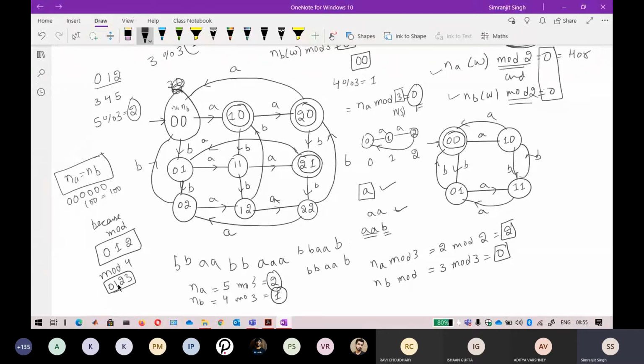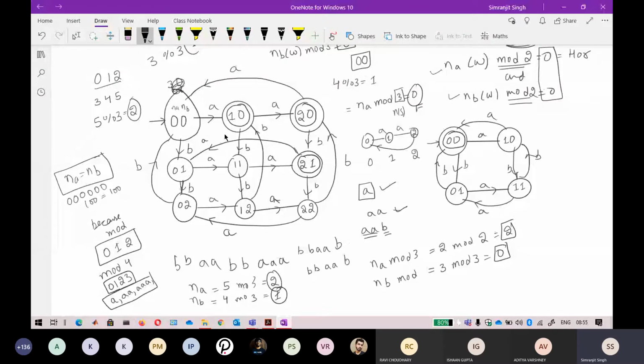So in a way, it becomes finite. Maximum 1A can come, maximum 2A can come, maximum 3A's can come. So it becomes a finite pattern because of the mod.